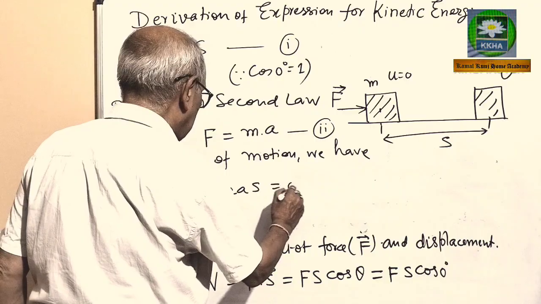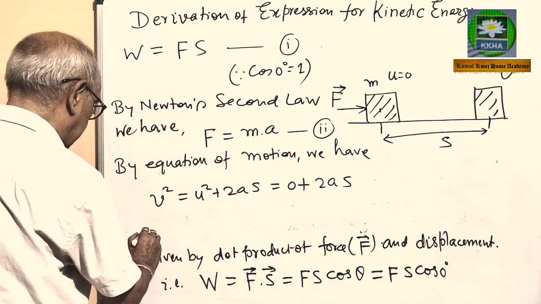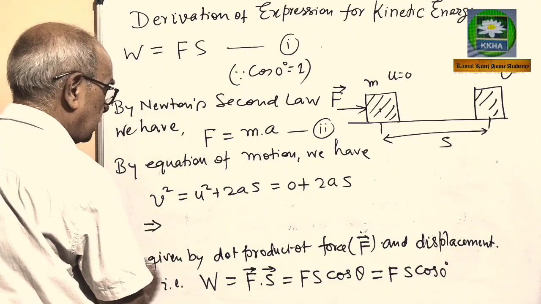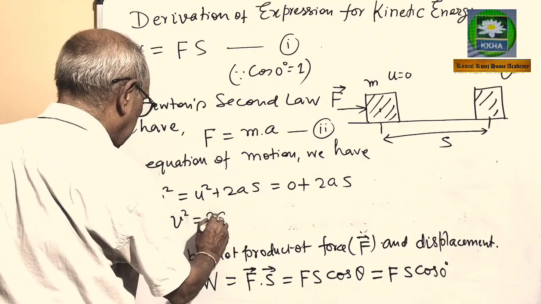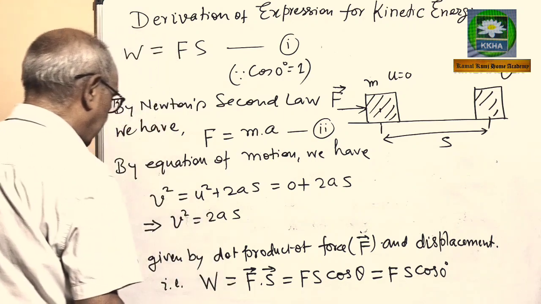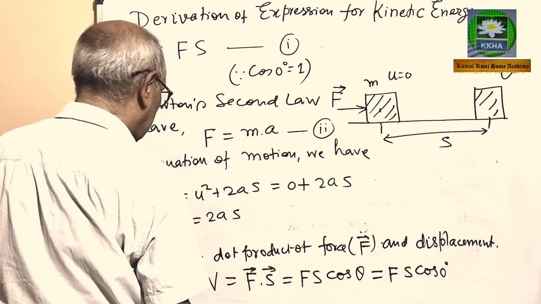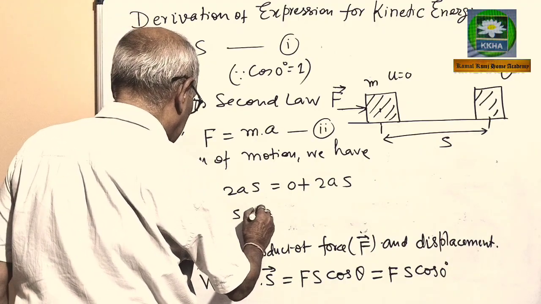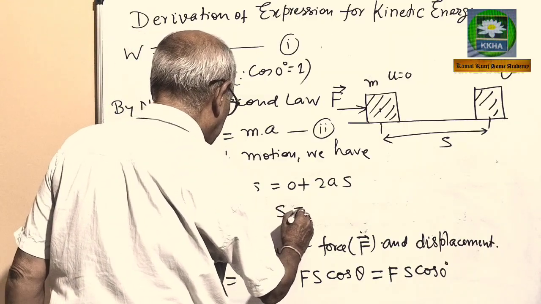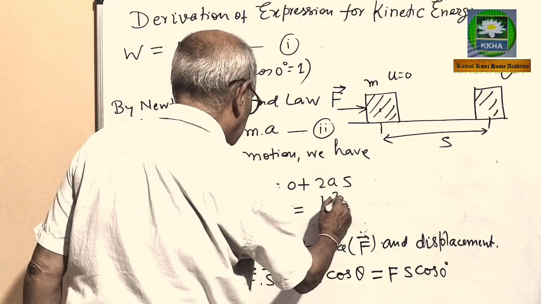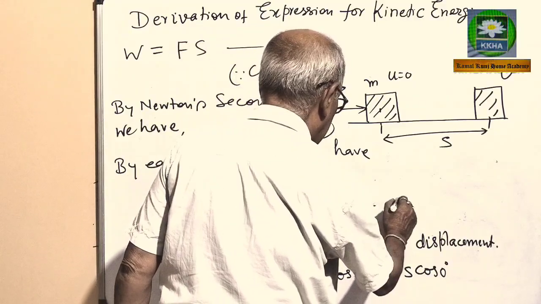Initial velocity is 0, so this will be 0 plus twice a s. This implies that v square equal to twice a s. This implies that displacement s is equal to v square upon twice a. Let this be equation third.